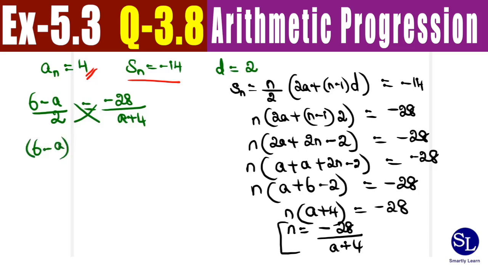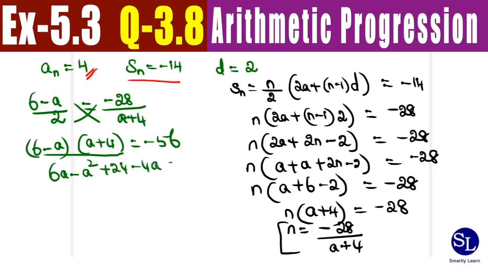(6 minus a) into (a plus 4) is equal to minus 56. Let's perform term-wise multiplication here. So 6a minus a squared plus 24 minus 4a is minus 56. So I can rearrange all of this. So minus a squared plus 2a plus 24 is minus 56.